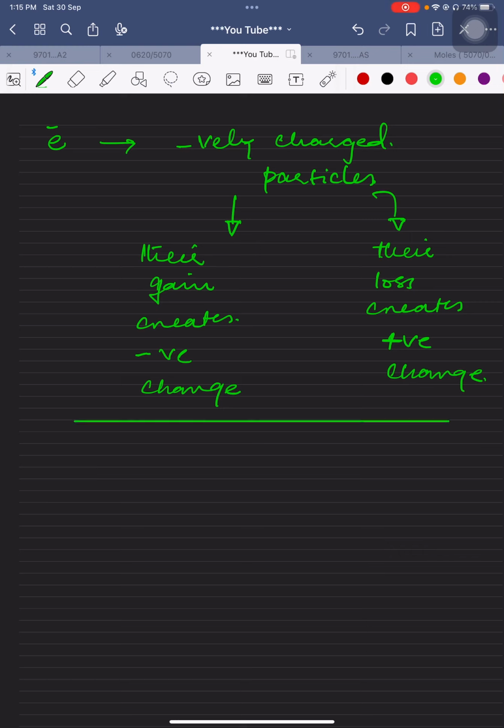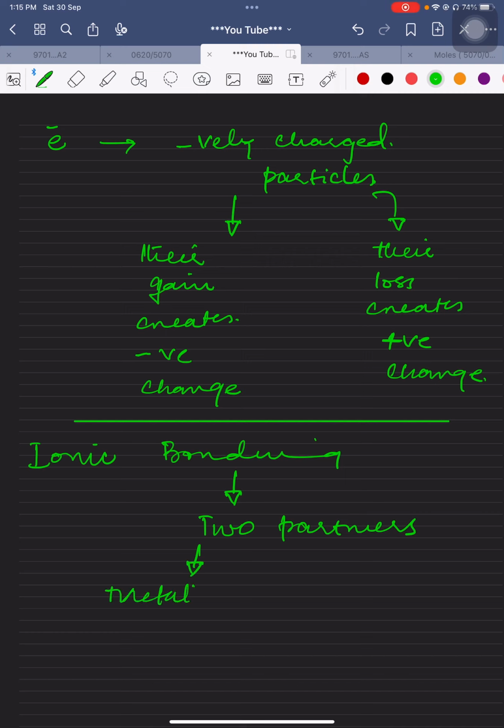And then ionic bonding, two partners. What are those two partners? Metallic and non-metallic.